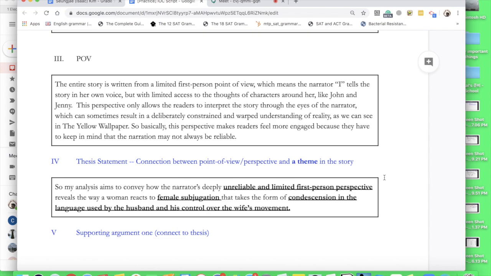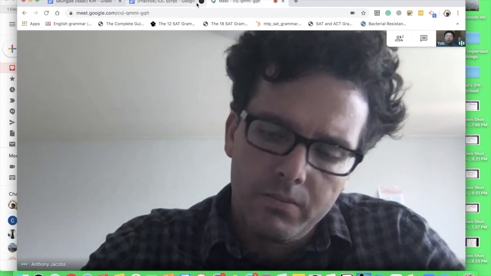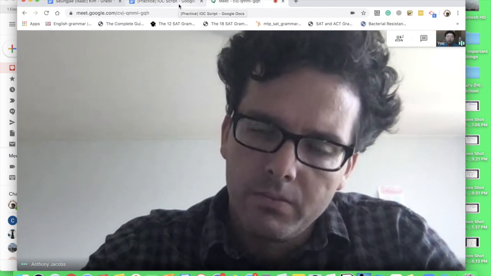This perspective only allows readers to interpret the story based on what the narrator thinks, which sometimes results in a very limited understanding of reality, as we can see in The Yellow Wallpaper. So the perspective makes readers feel more engaged because they have to keep in mind that the narration is not reliable, and they have to figure things out as they go.